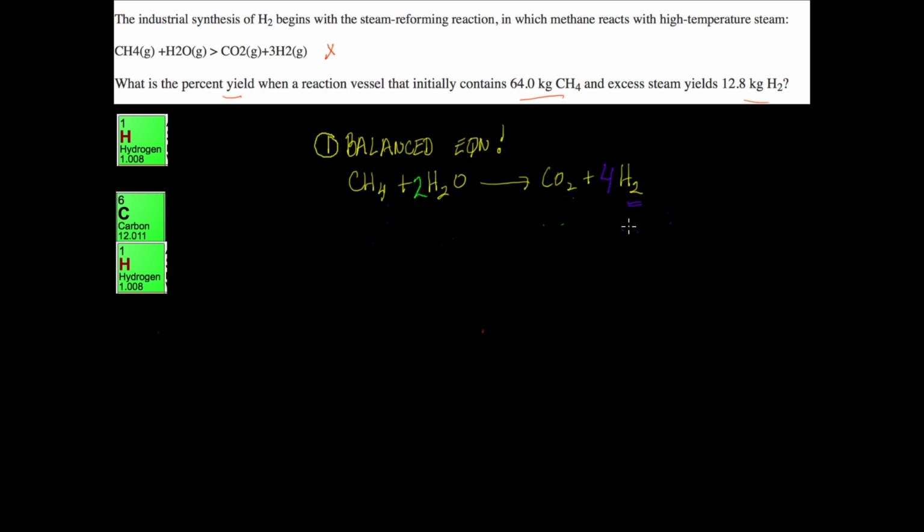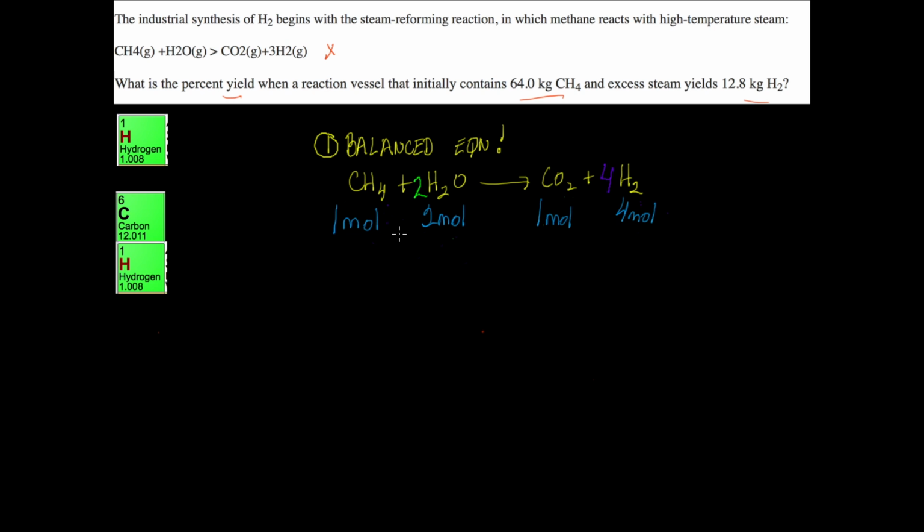And I said, yeah, that's true. And what about moles? And after some talking, we decided that 1 mole of CH4 will react with 2 moles of H2O to give 1 mole of CO2 and 4 moles of hydrogen.